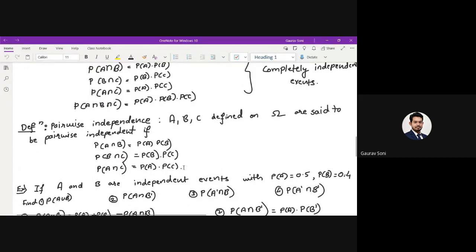And if it satisfies the condition for independence, then we say that the events are pairwise independent.